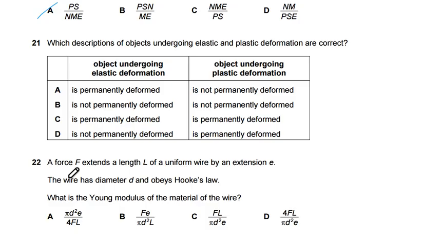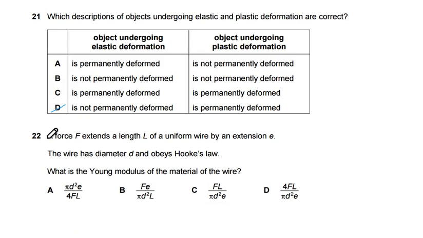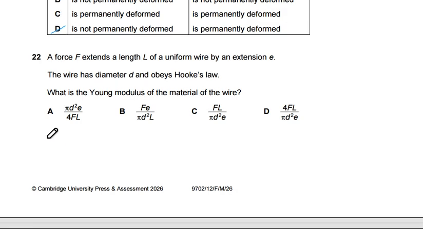Elastic is not permanently deformed, and plastic is permanently deformed. We have Young's modulus, which is stress over strain. Stress is force over area.